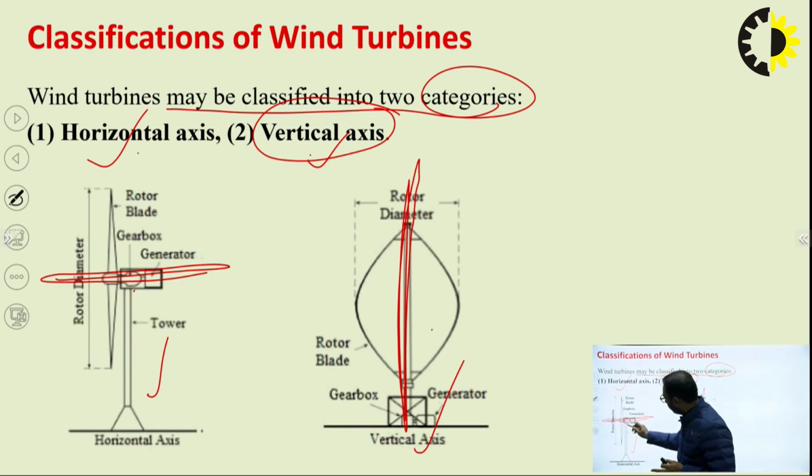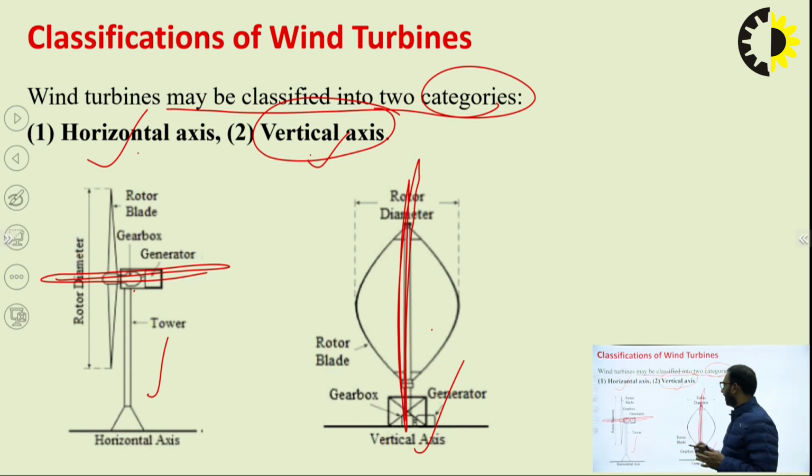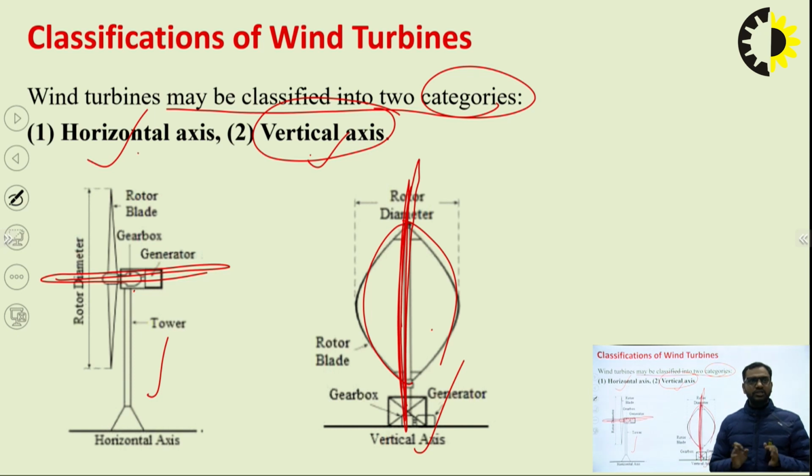Here the blade is rotated about this axis, and this axis is horizontal. So this is called a horizontal axis turbine. Or here the axis of rotation of the blade is vertical. So this type of turbine is called a vertical axis turbine, and these two turbines are used for production of electricity with the help of wind energy.